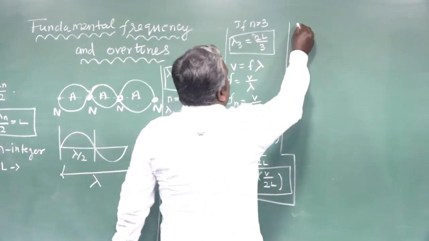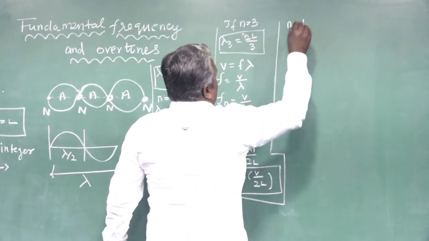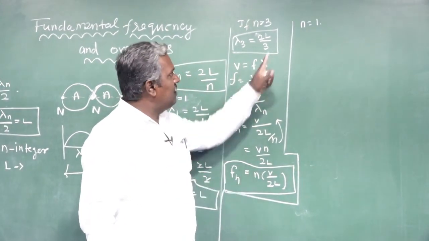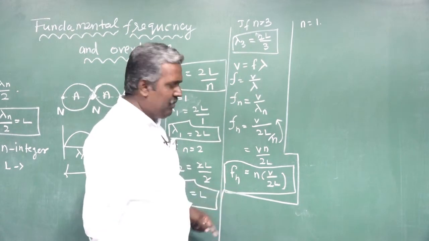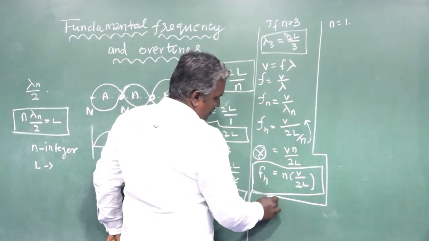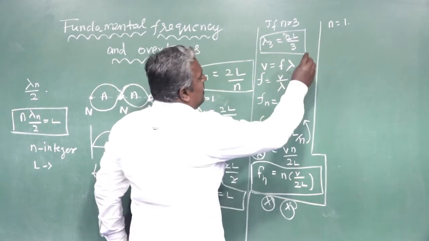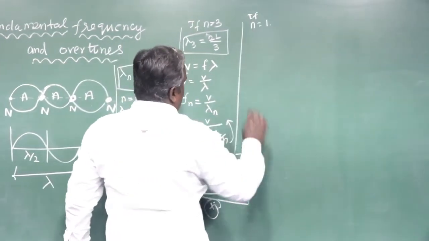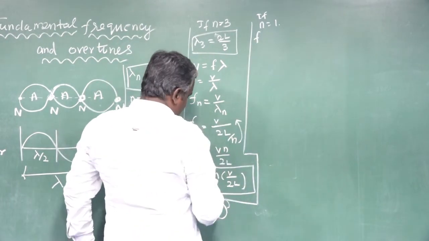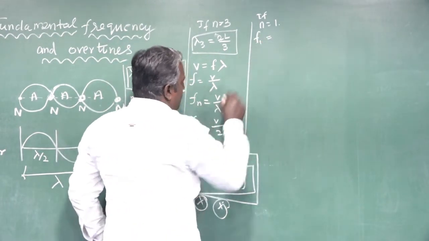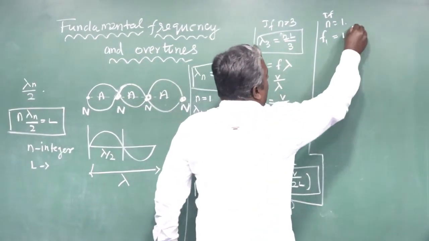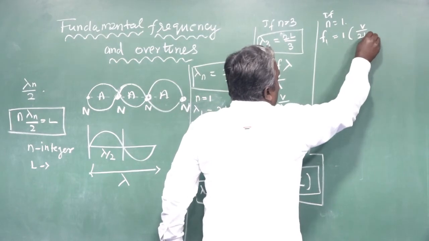If n is equal to 1, again, n means integer, no? Yes, if n is equal to 1, this is the basic formula. Substitute here: f1 is equal to 1 of v by 2L.